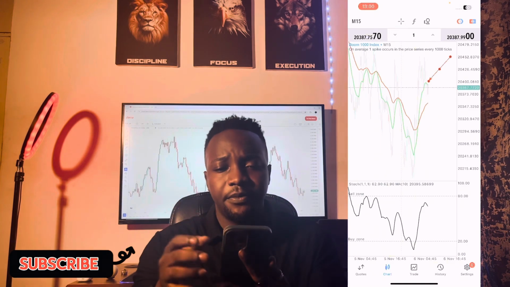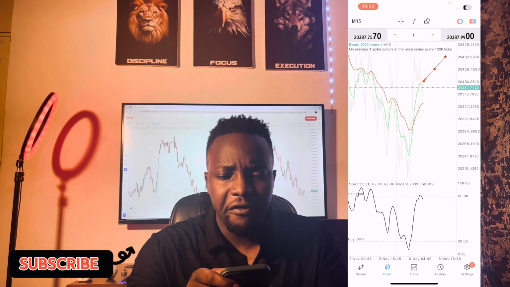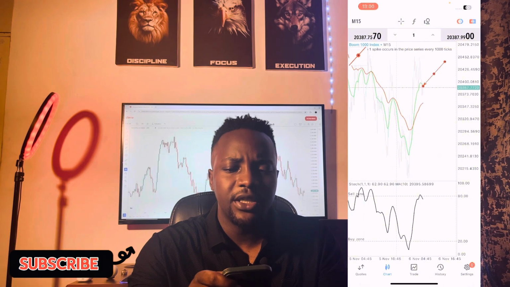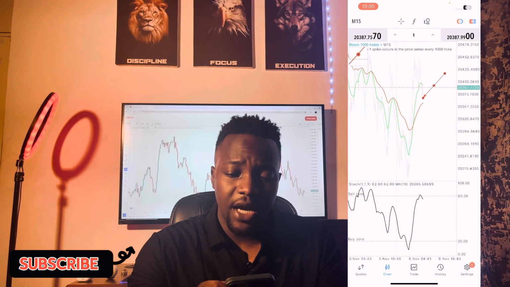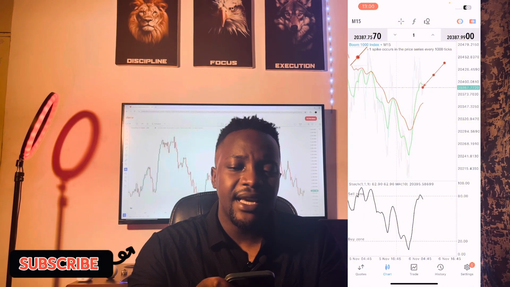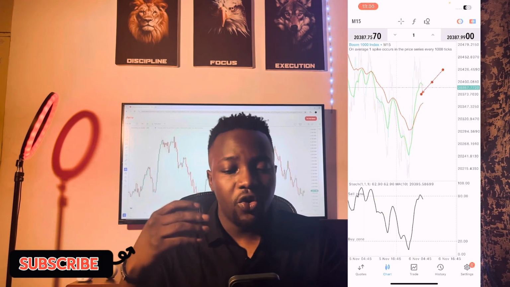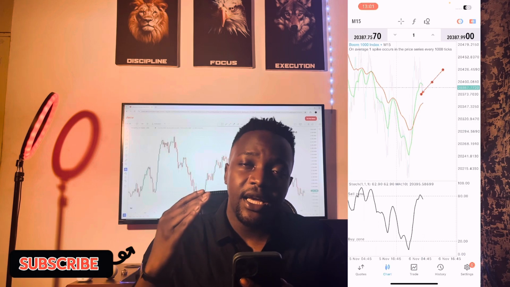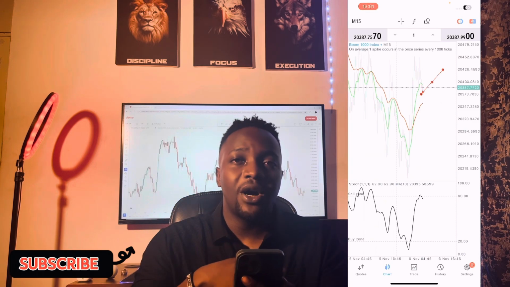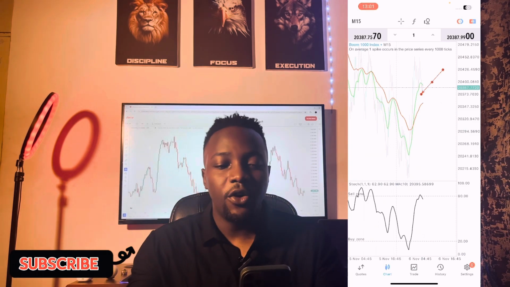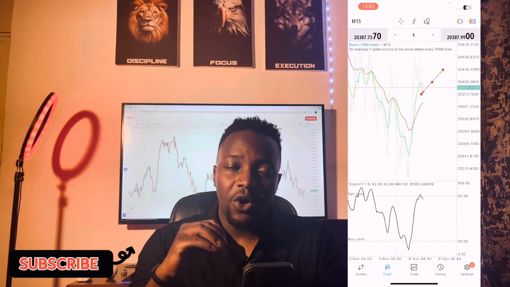What do I mean? Whenever you are in your 15-minute time frame and you see candlesticks crossing to be below the green line, or you see candlesticks trending below the green line, you should know that you are in a sell momentum, or you are in a sell trend. You are in a downtrend.